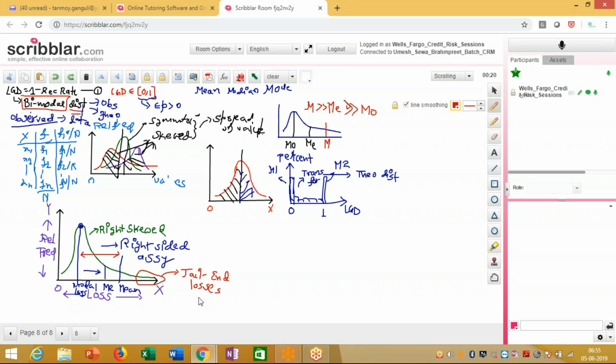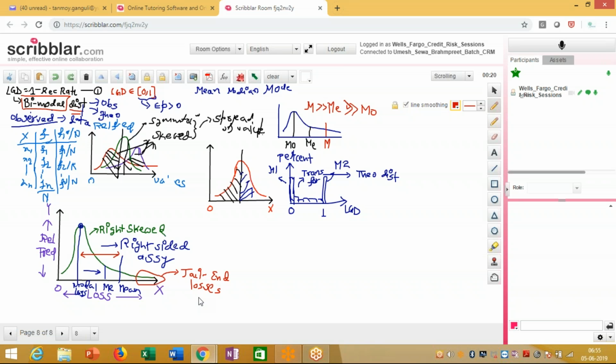So basically, the existence of tail end losses, like huge volumes of losses with low probabilities, is what we call the tail end losses. These are losses which, if they do occur, can put the bank into trouble.